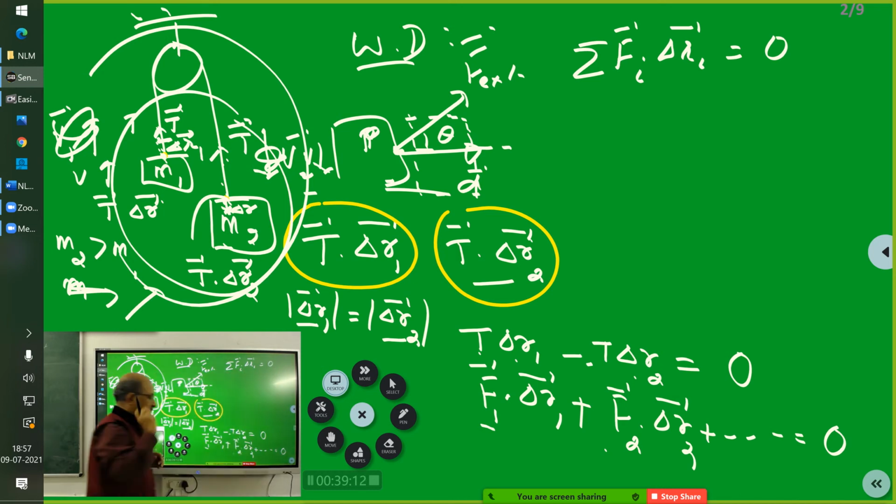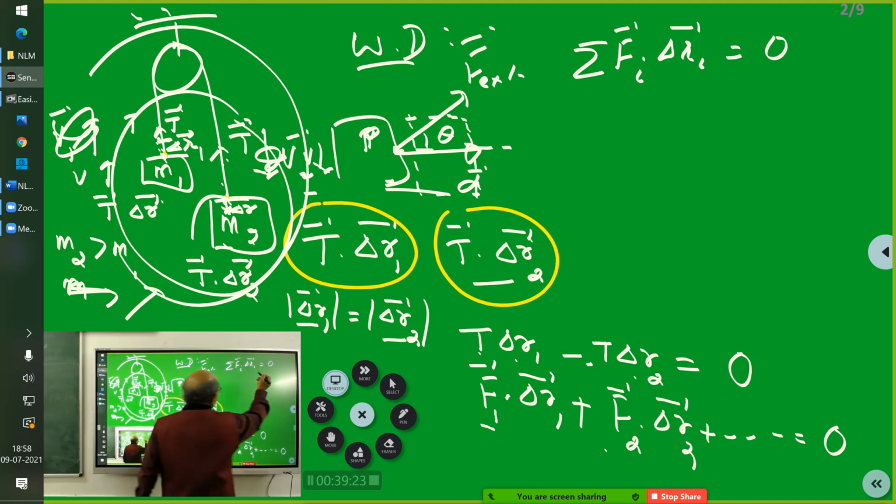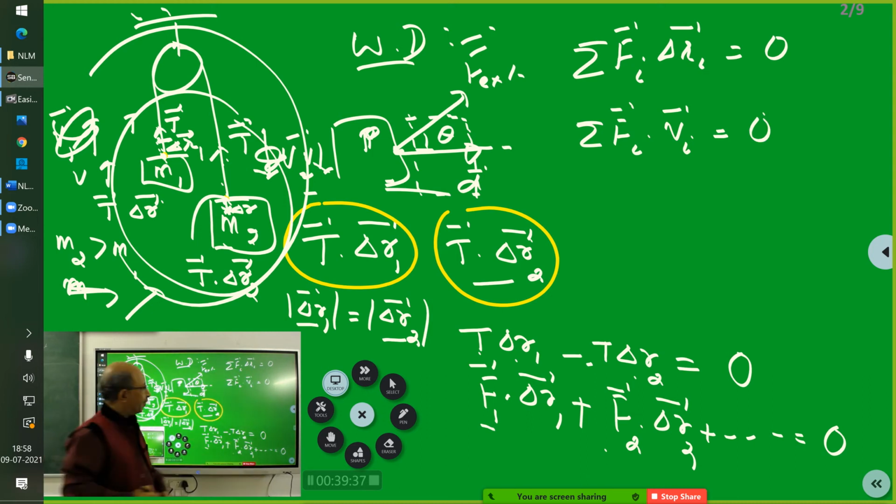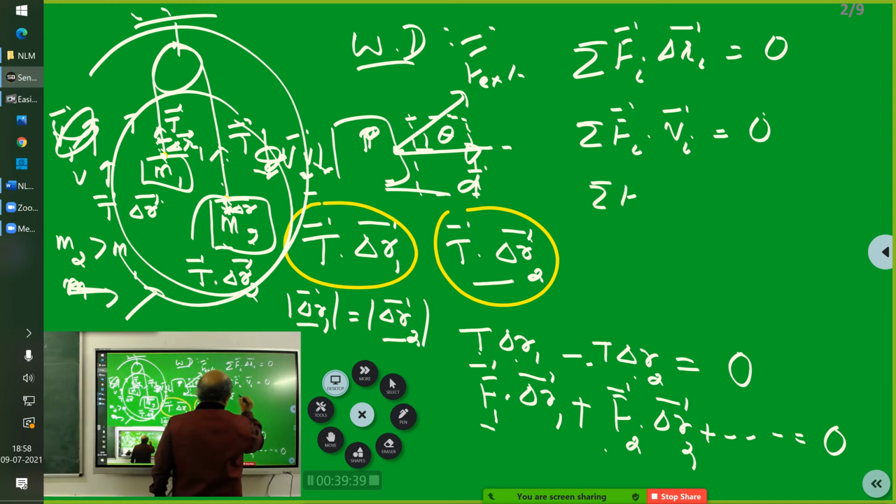Now, see, the principle is this. This is the principle. If you differentiate this equation, then you will get summation Fi bar dot Vi bar is equal to 0. And again, if you differentiate, you get summation Fi bar dot Ai bar is equal to 0.